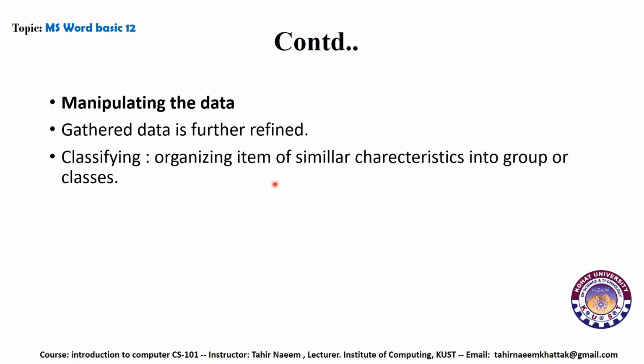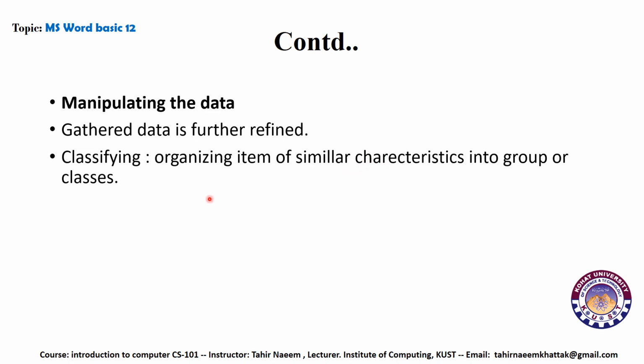For example, if I divide the class on the basis of gender, like male, female, then it is classification by gender. I can classify a class according to age group, like 23 years and 24 years, or according to geography.